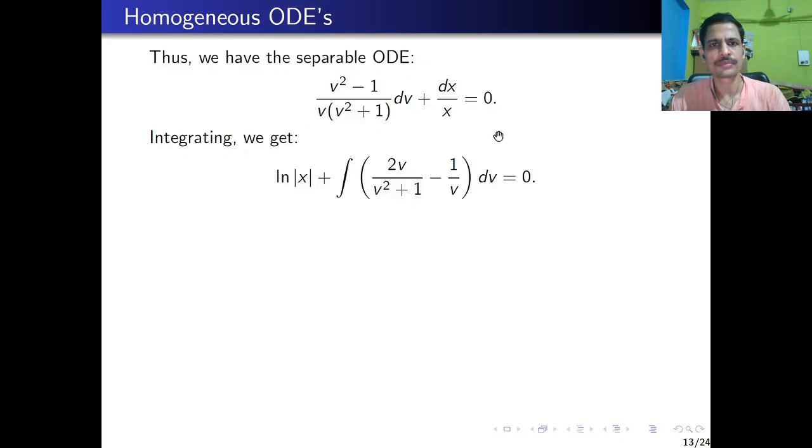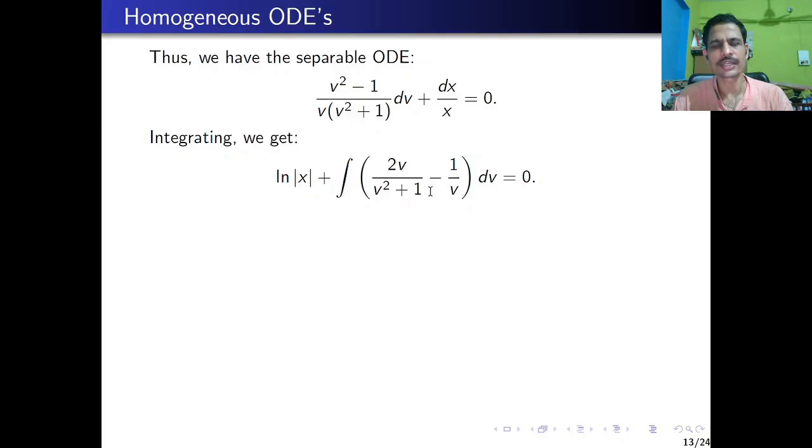So the integration of this particular quantity appearing here is ln|x|, and for this other quantity, you can do partial fractions and you can get this expression. Once you have converted this into this expression, then you can easily integrate it. You can see the quantity in the numerator is the derivative of the quantity in the denominator.